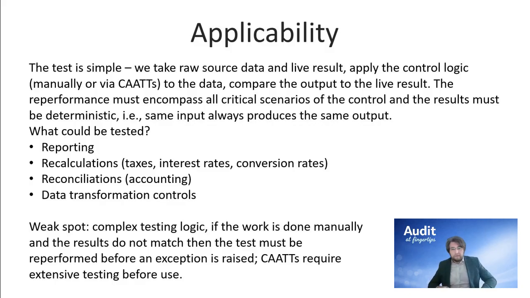But again, it's very important, as always, that all critical scenarios should be covered, right? It's not sufficient just to reperform it for the successful path. You need to think about what could go wrong, and how you can capture if something goes wrong, or went wrong.